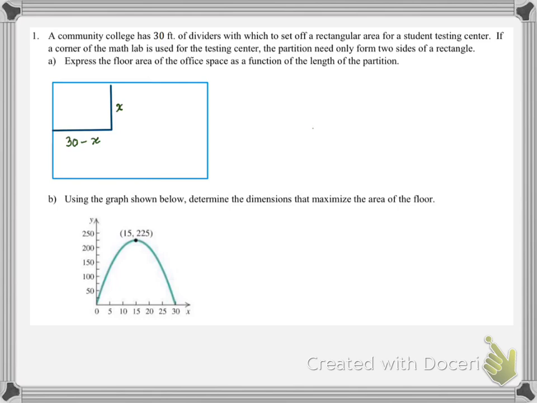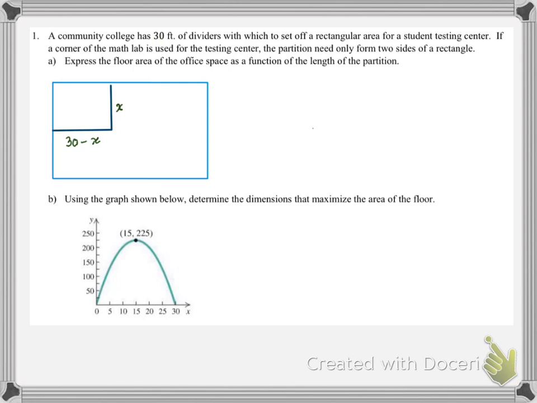What's one unknown in this problem? X. What does it represent? I guess the amount of the dividers used on that side.